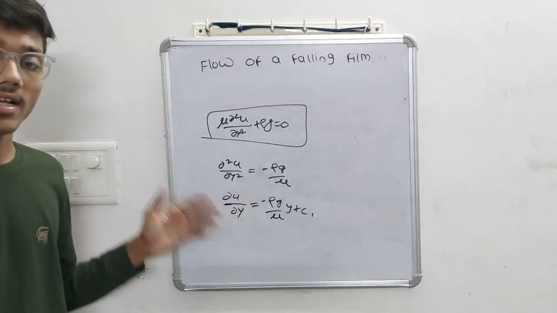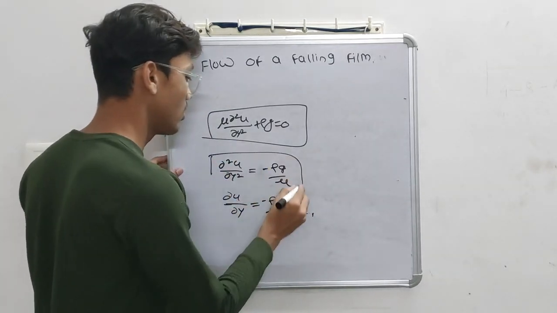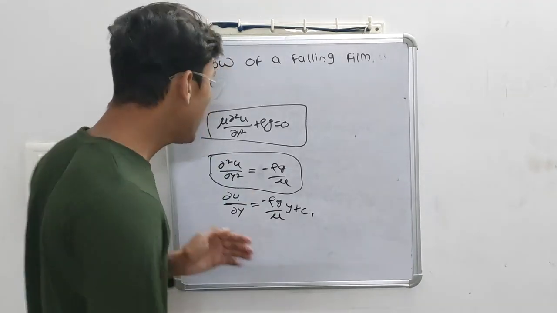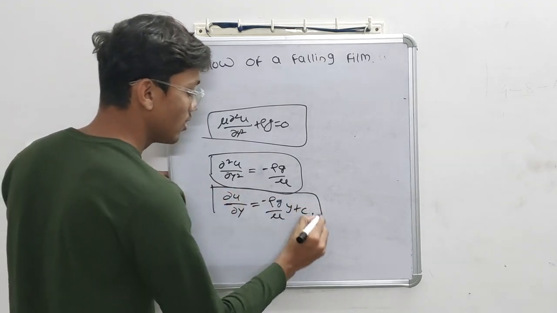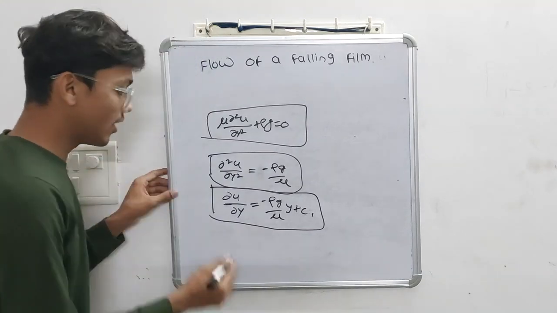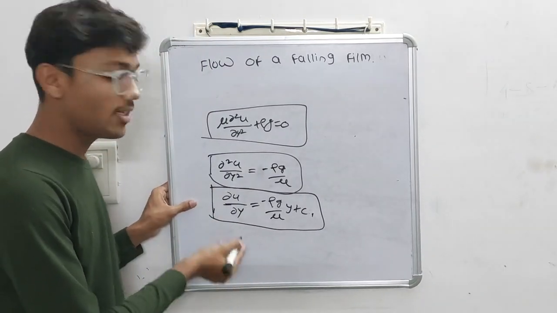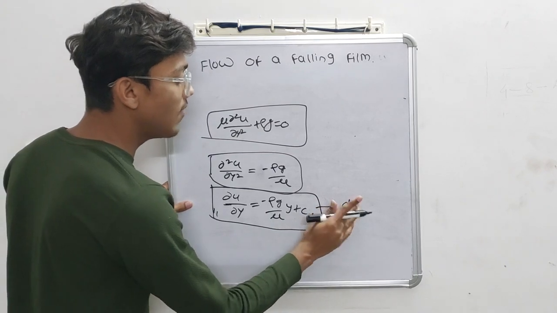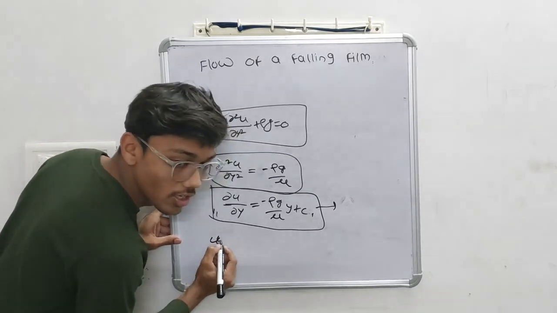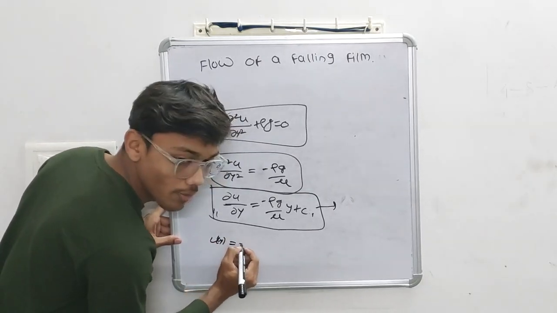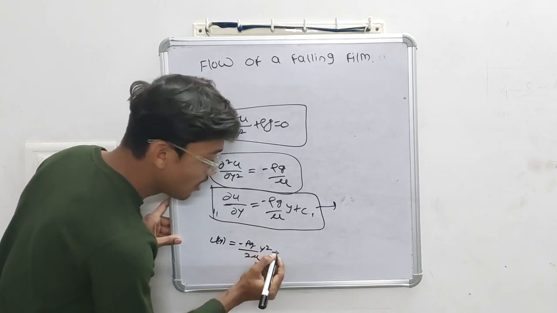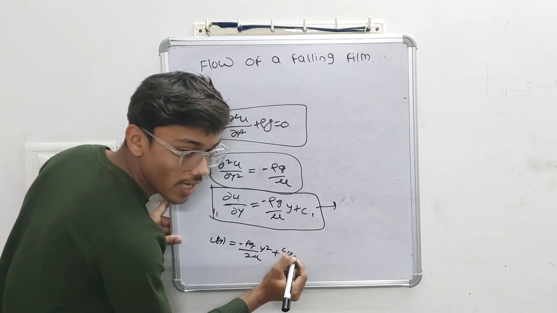We integrate this term further. This is the second integration with respect to y, and we get u of y equals minus rho g by 2 mu times y square plus c1 y plus c2.